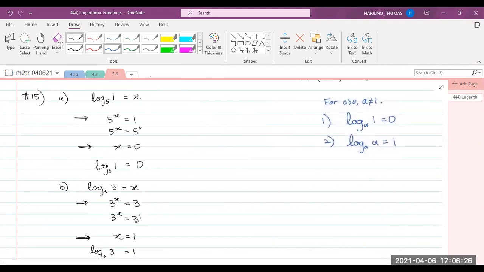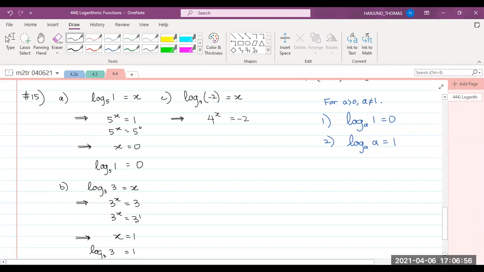Okay. Part C. How about log base 4 of negative 2? Again, if you don't memorize that, call that x first, but then attack that from exponential form. 4 to the x is negative 2.